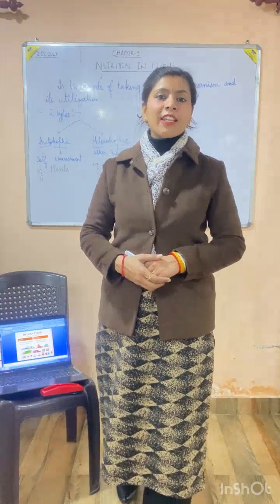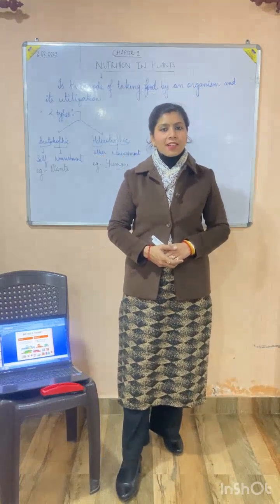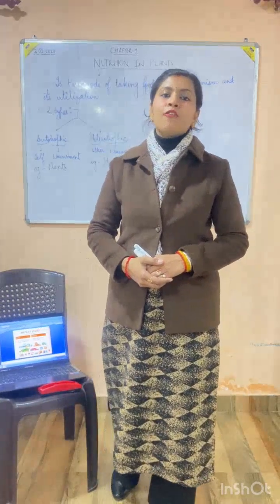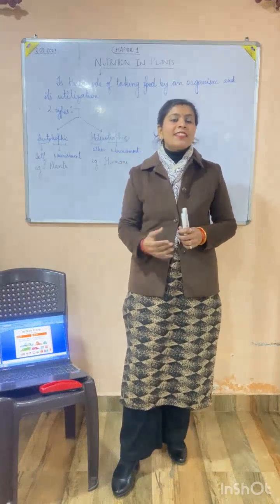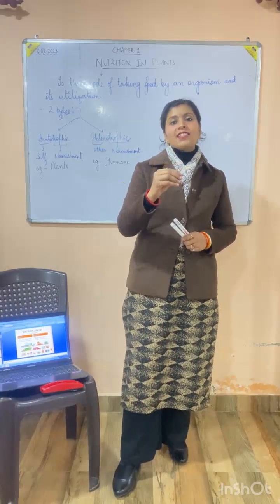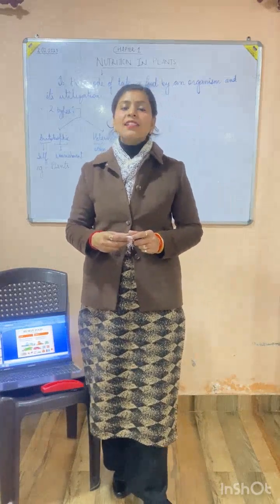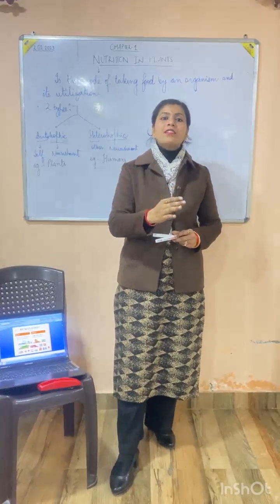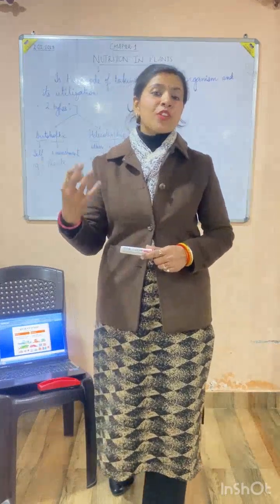We get rice, wheat, pulses, fruits, vegetables from plants, and we get meat, chicken, eggs from animal sources. So human beings are dependent upon both plants and animals, same as animals are dependent upon both plants and animals. These feeding habits describe the animals' nutrition.